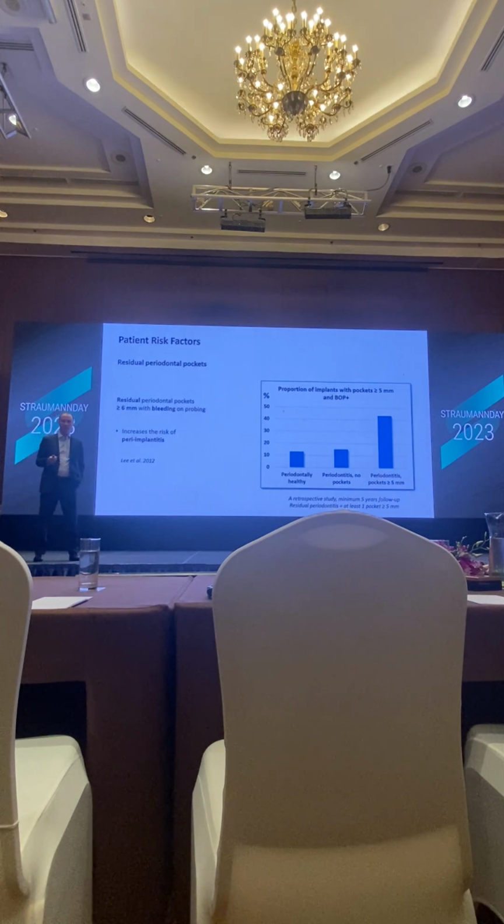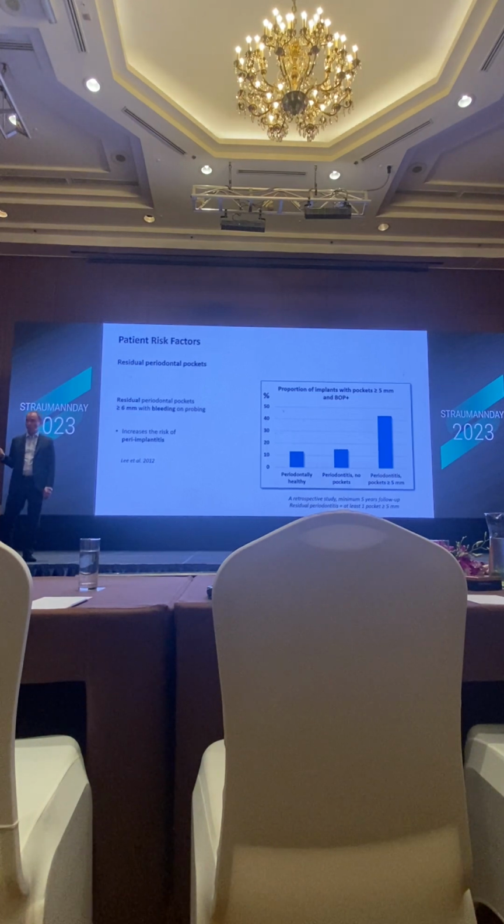Periodontitis, we know, is a risk factor. And if you have patients with residual pockets of 6 millimeters or more, with inflammation and bleeding after probing, they have a much higher risk of developing peri-implantitis. So these can be patients who you are treating, who have been treated but still have residual pockets. In other words, they still have active disease. So these patients are not good patients to have implants placed.